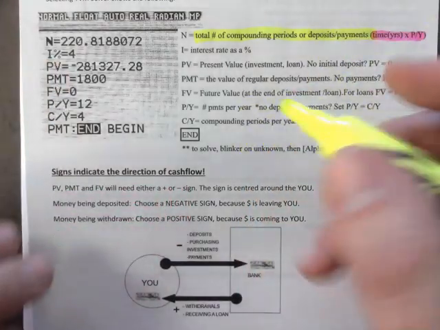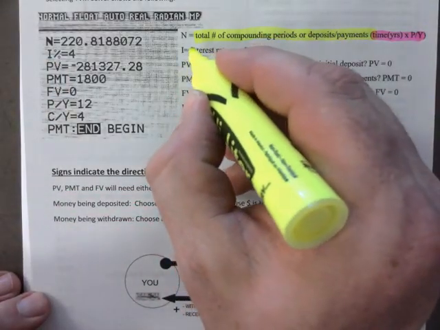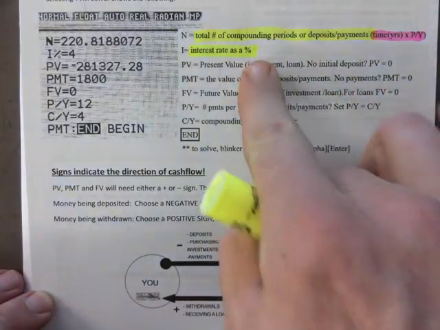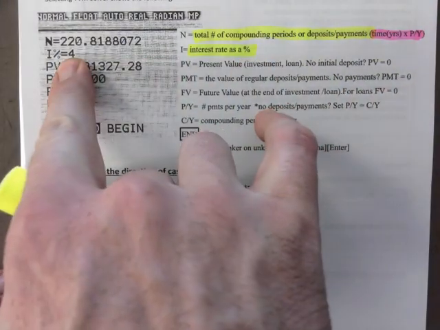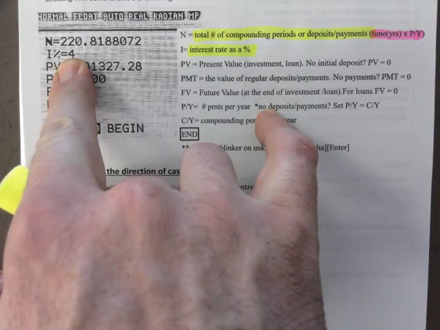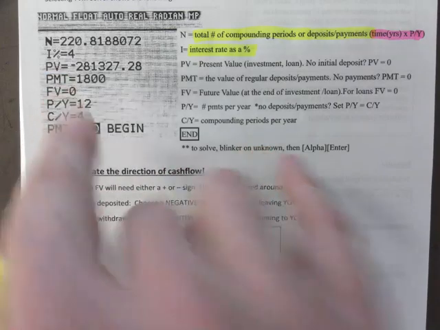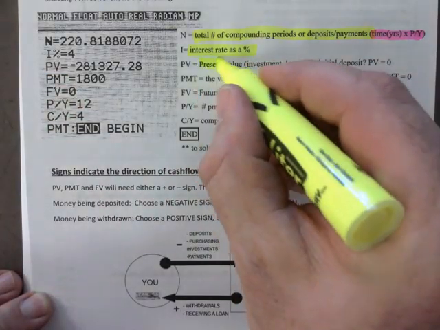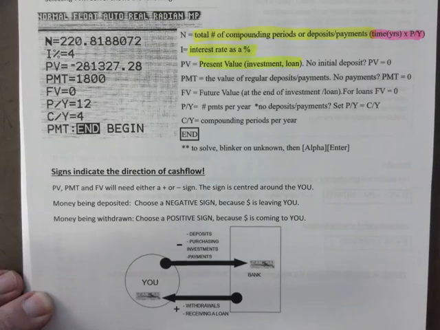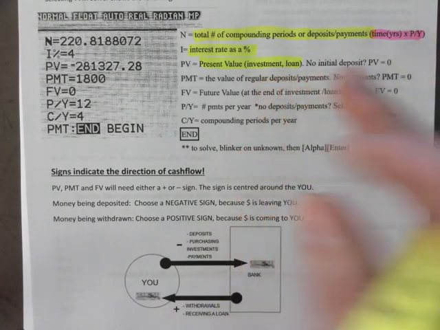Interest rate, that one is very straightforward. It's just the interest rate, and you enter it as a percentage. So if it's 4%, you enter 4, not 0.04. Present value is the investment or loan. It could be an investment or a loan, it depends.